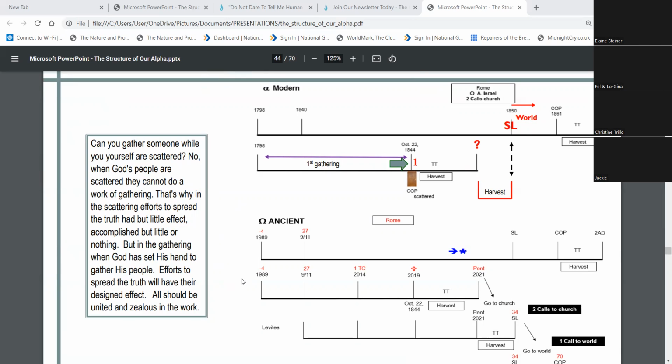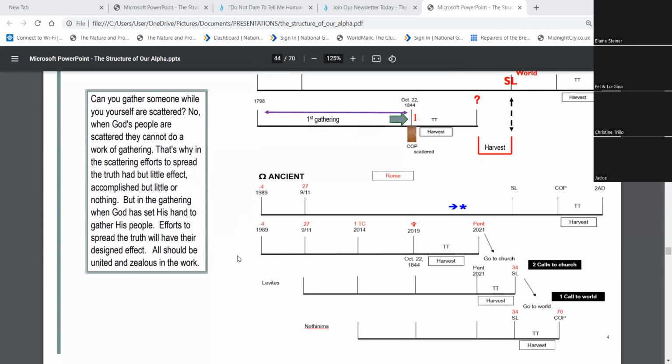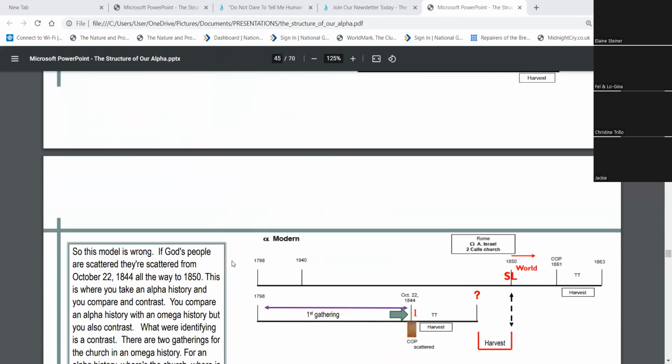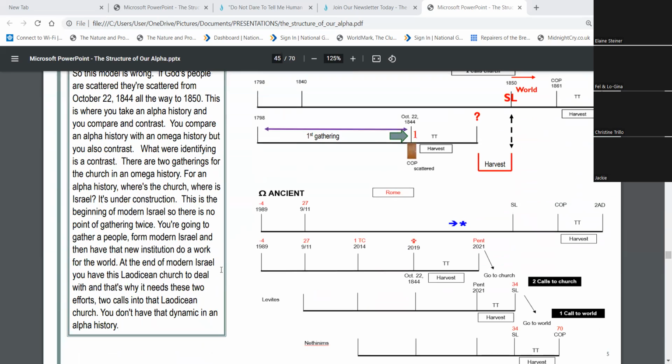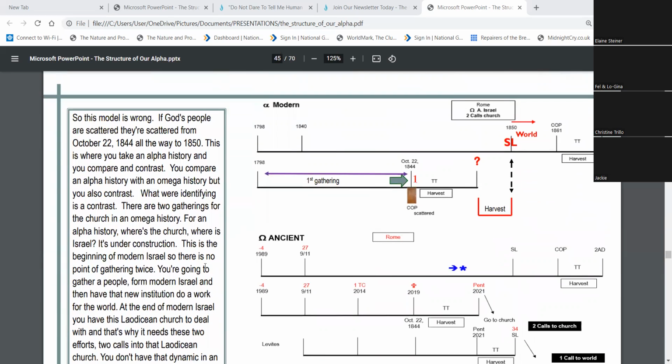But in the gathering, when God has set his hand to gather his people, efforts to spread the truth will have their designed effect, and all should be united and zealous in the work. So this model is wrong. If God's people are scattered, they're scattered from October 22nd, 1844, all the way to 1850.